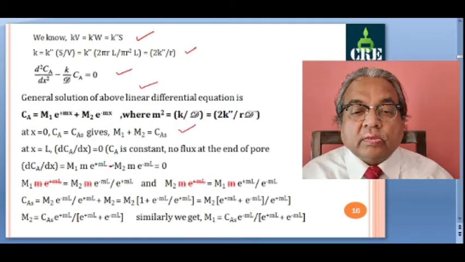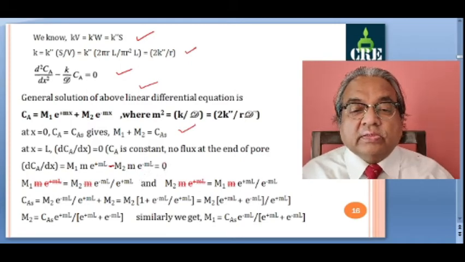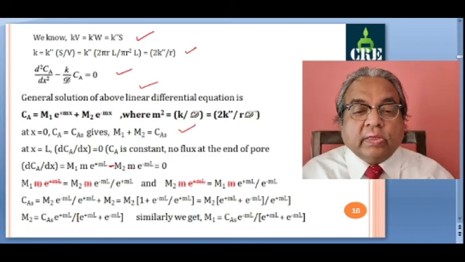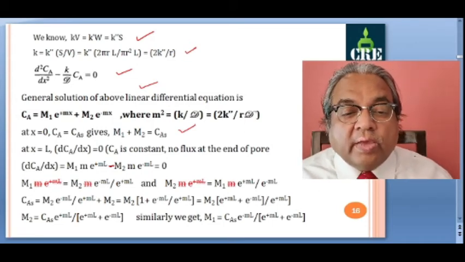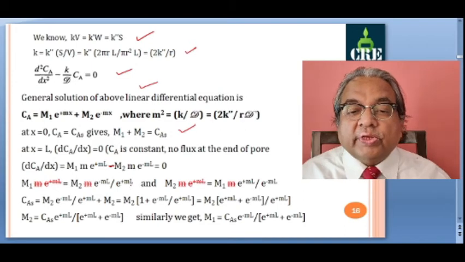Okay. m1 into m e raised to ml minus m2 into m e raised to minus ml, and this is equal to 0 at x is equal to L. So this x is replaced by L. So I have written here L. If you solve this, so this m1 into e raised to ml is equal to m2 into e raised to minus ml, because this m will cancel out, and this e raised to ml can be taken here in the denominator.